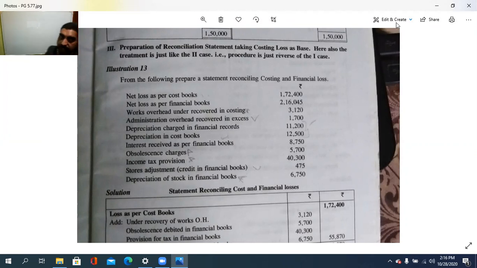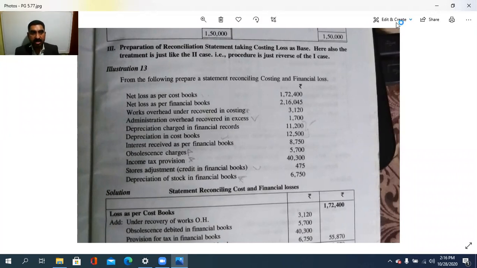Now the third case is preparation of the reconciliation statement taking the cost loss as the base, meaning loss as per cost books is taken.